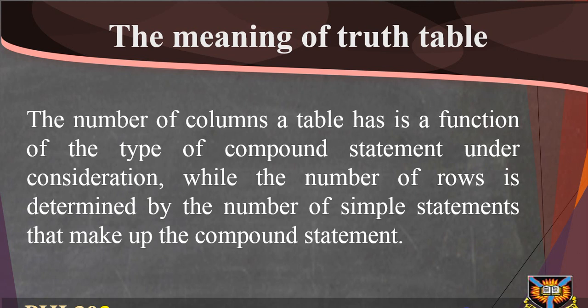The allocation must be done in such a way that the first simple statement will share the 2 values in equal proportion in all the rows. For instance, where we have 3 statements, which will give us 8 rows, for the first statement we have 4 T's in the first 4 rows and 4 F's in the last 4 rows.